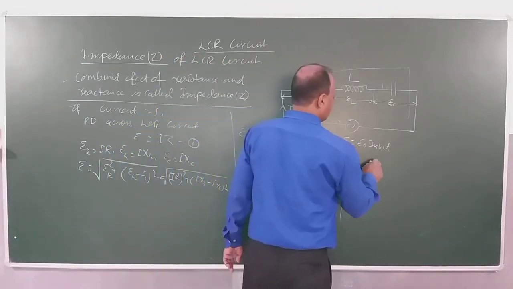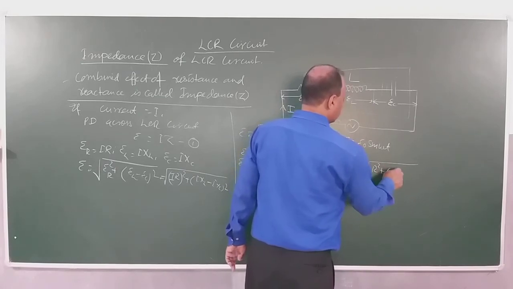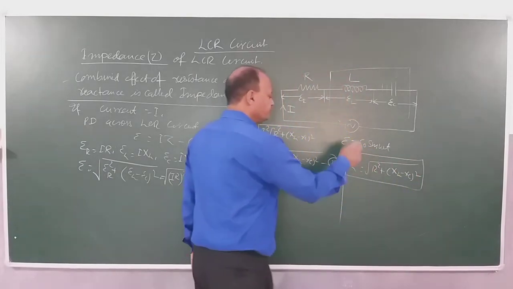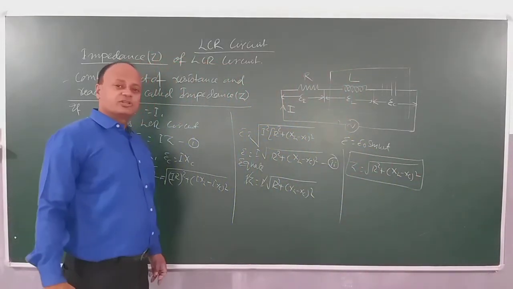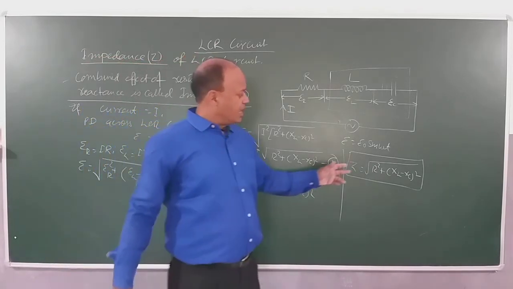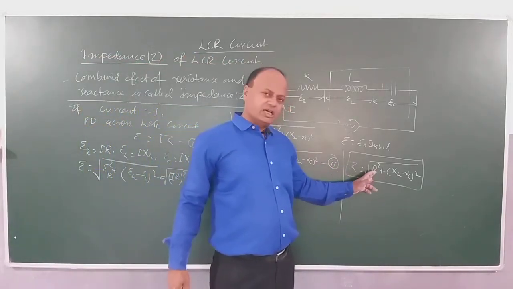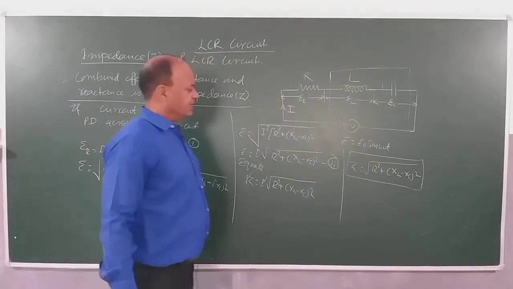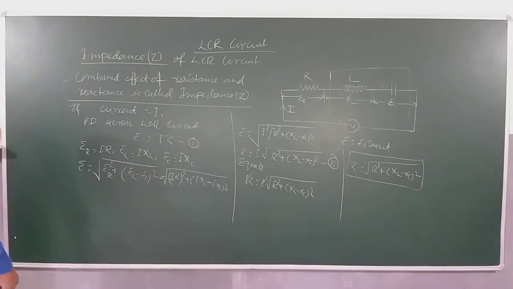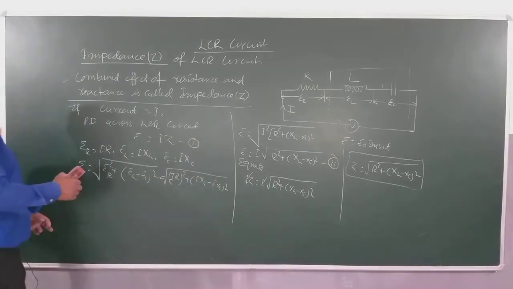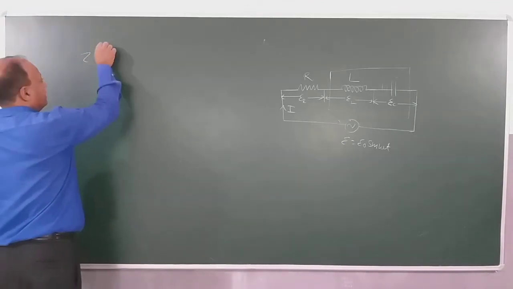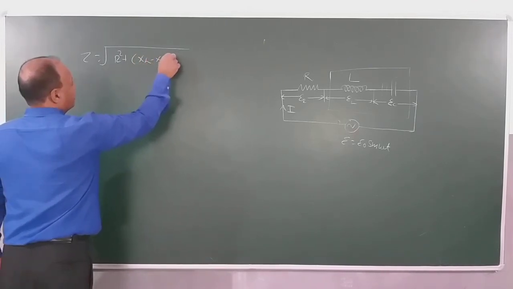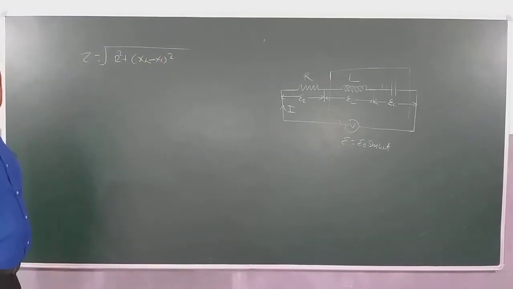So from here you can calculate Z. Z equals root over R square plus XL minus XC whole square. So children, we came across a very interesting formula, Z equals root over R square plus XL minus XC whole square. We already know the values of XL and XC. Clear?